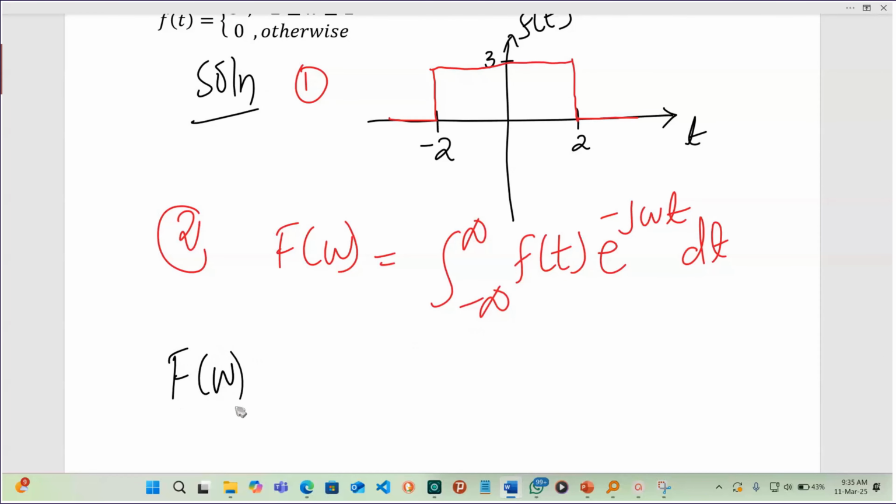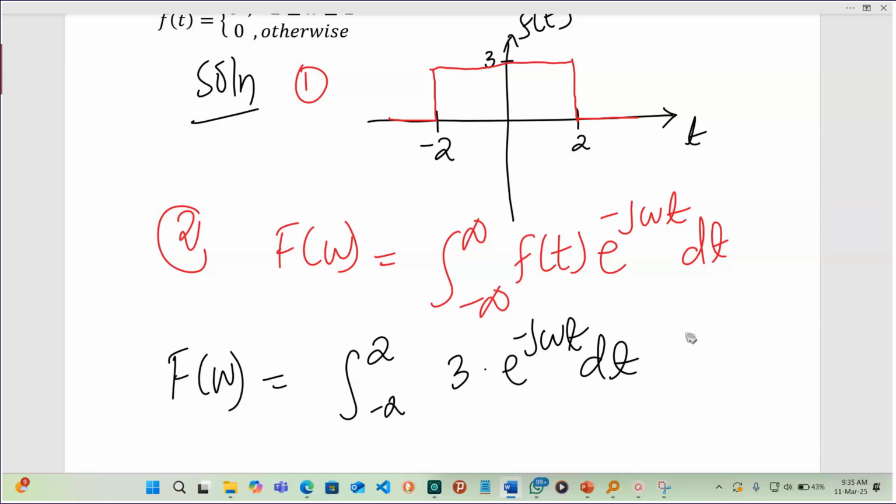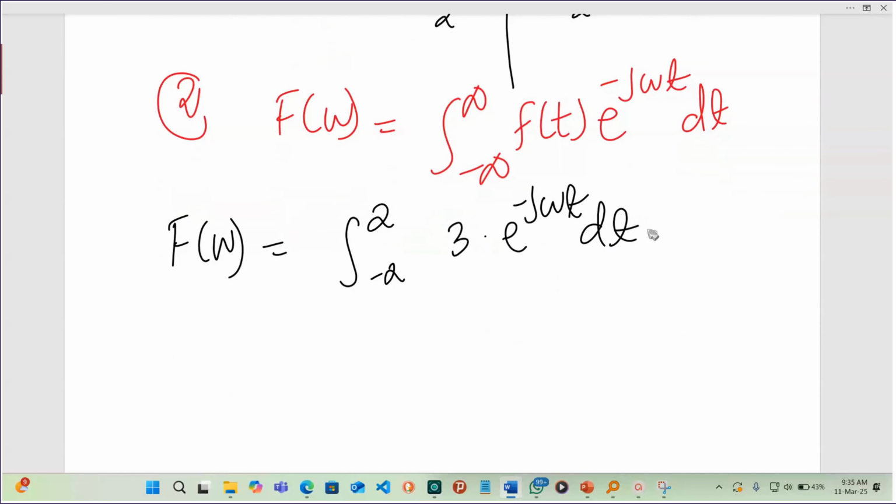So F of omega becomes integrating from negative 2 to 2 of f of t, which is 3, times exponential of negative j omega t with respect to t. So this gives us just 3 integrating from -2 to 2 exponential negative j omega t with respect to t.